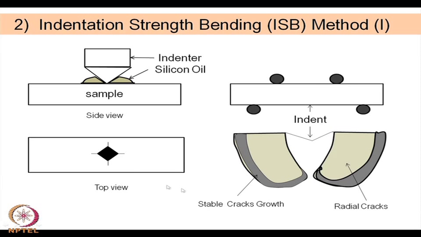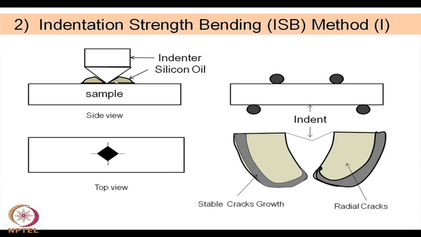There is another combination of indentation and fracture that is also possible, and this is how it is done. First of all, an indent is made on the surface, and then you put the surface upside down and do a 4-point bend test. So, the indent is here, created by this indenter.